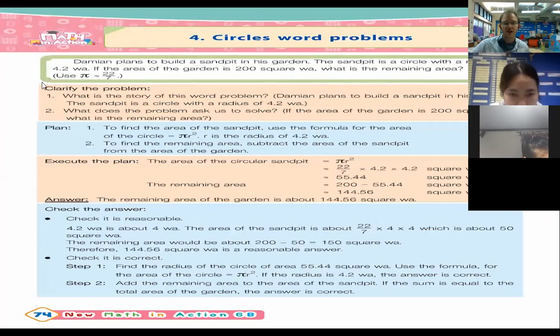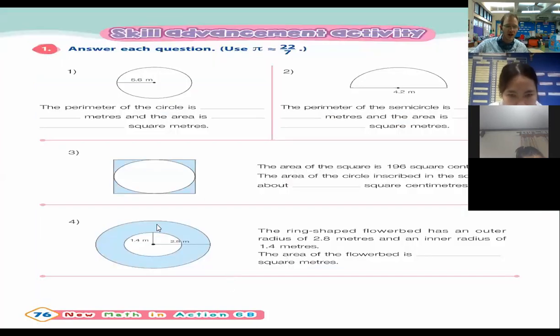Last time we looked at some word problems and some skill advancement activities, and I want us to carry on with these activities and practice.